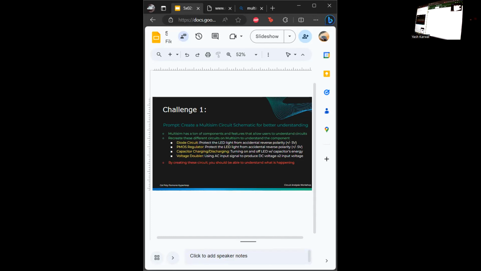If you download the actual Multisim, it will have more components, but since this is the online version, you have basically all the necessary components. First, we need a DC voltage, because this acts as your power supply. We talked about a diode, so I'm gonna pull out a diode, as well as an LED, because we have to protect an LED.